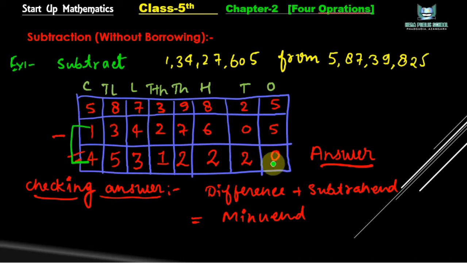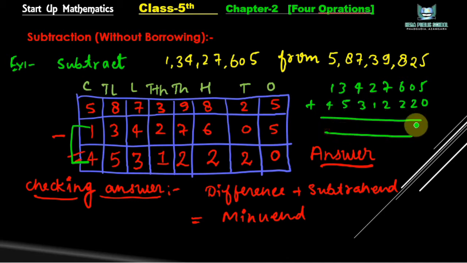Now we are going to add difference plus subtrahend. 5 plus 0 is equal to 5. 0 plus 2 is equal to 2. 6 plus 2 is equal to 8. 7 plus 2 is equal to 9. 2 plus 1 is equal to 3. 4 plus 3 is equal to 7. 5 plus 3 is equal to 8.